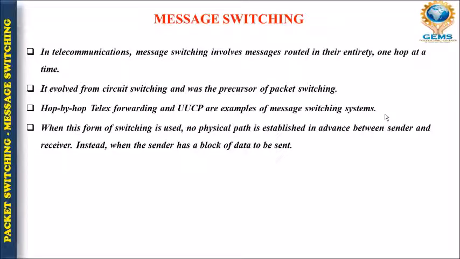When this form of switching is used, no physical path is established in advance. This is very important. In circuit switching, you are using a dedicated path, meaning before communication you have to establish the path. But in message switching, no such physical path has to be established before the actual transmission takes place.